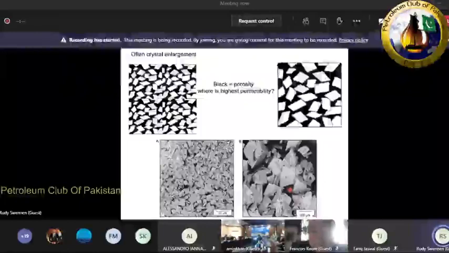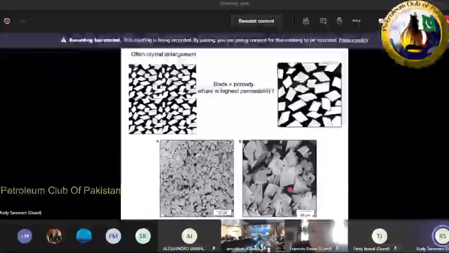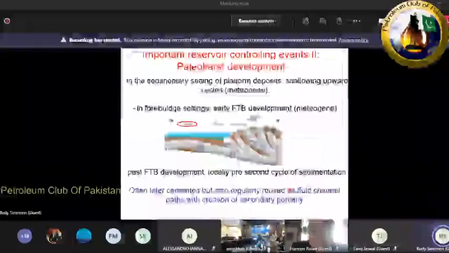The pathways for fluids will become better. So this is something to take into account, that in several of the Foreland fault and thrust belts, dolomites can recrystallize, can have crystal enlargement, which is good for the reservoir, but very often there is a kind of anisotropy due to the layer parallel shortening.